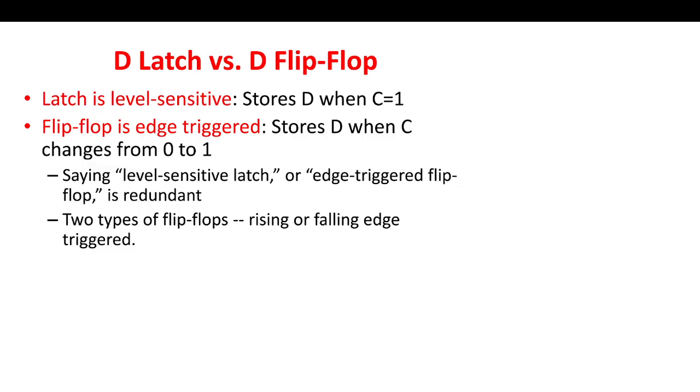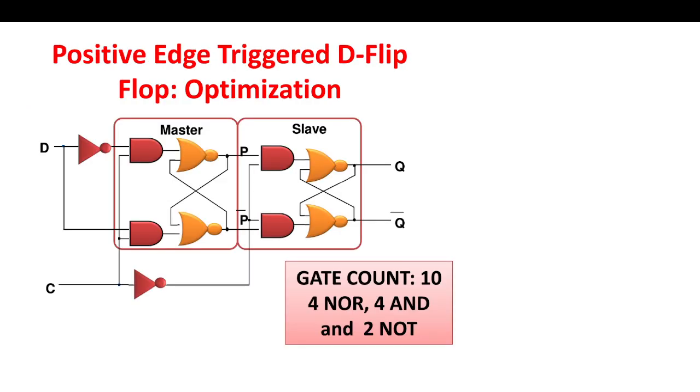So we have seen that latches are level sensitive and flip-flops are edge sensitive, and they can be rising or falling, that is posedge or negedge. And this is the positive edge triggered D flip-flop with optimization.